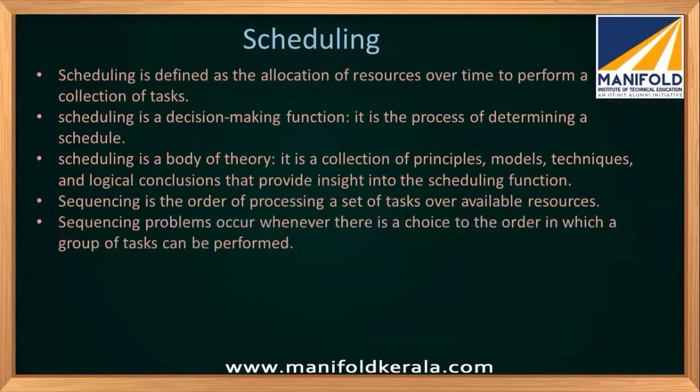Now, sequencing occurs when we have a choice. If we do not have a choice, and it is compulsorily said that this is how it has to be done, then we have no choice. But if you have a choice, then it becomes a problem. Which choice will we take, and how will we determine that? What is the basis of selecting one sequence? It is based on our priority.